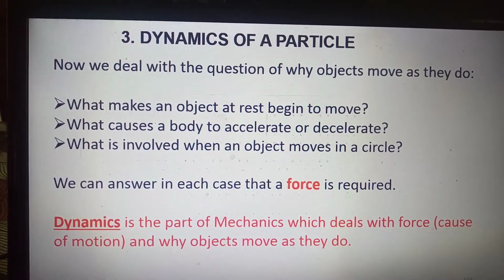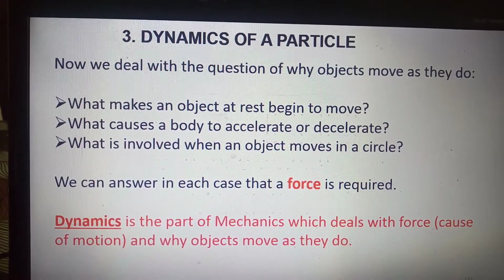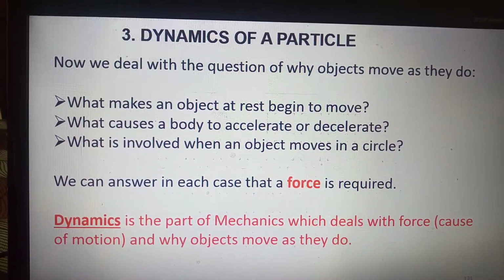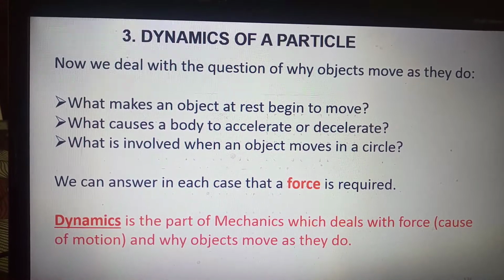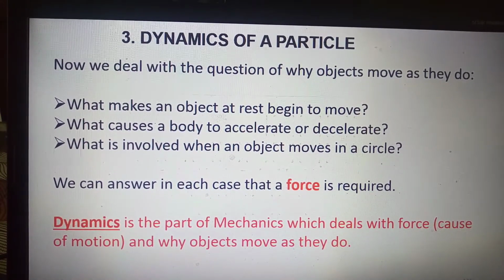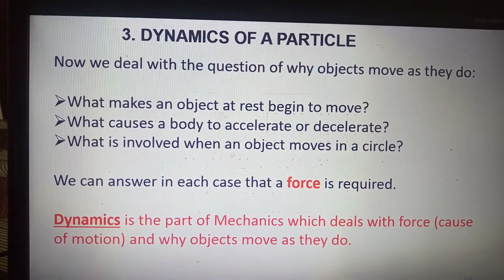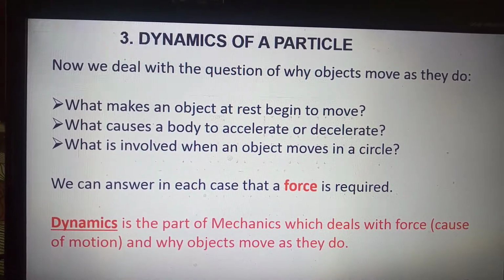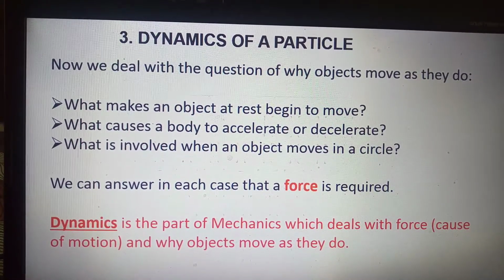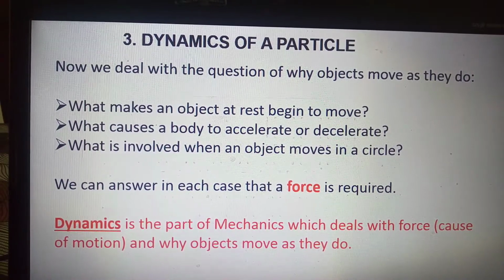Then to start moving, there is a need of a force. Or to say, the state of uniform motion means when a body is moving with constant velocity. Once the velocity changes, the body gets an acceleration. To get an acceleration, the body must have a force acting on it.